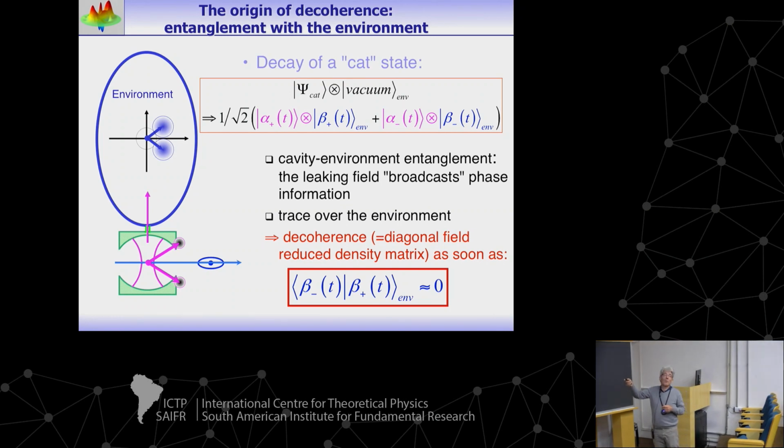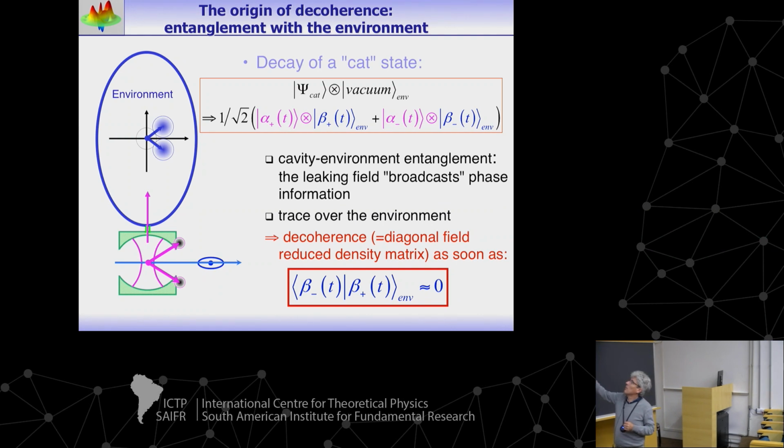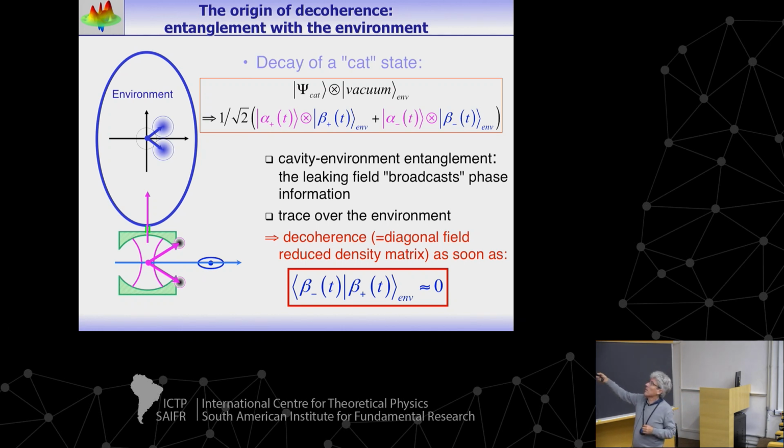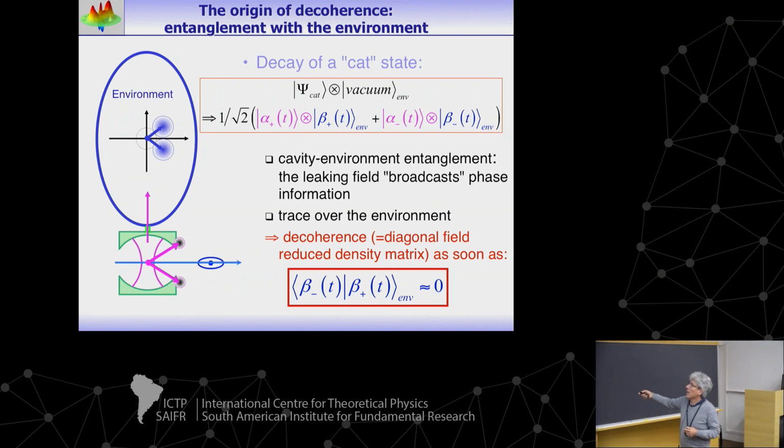by tracing over the environment variable. And when you trace over one part of an entangled state, if the two states here are orthogonal, so the scalar product is 0, then you get a diagonal density matrix for the state of the field remaining in the cavity, which means that coherences are lost. They are lost as soon as these two states become orthogonal.